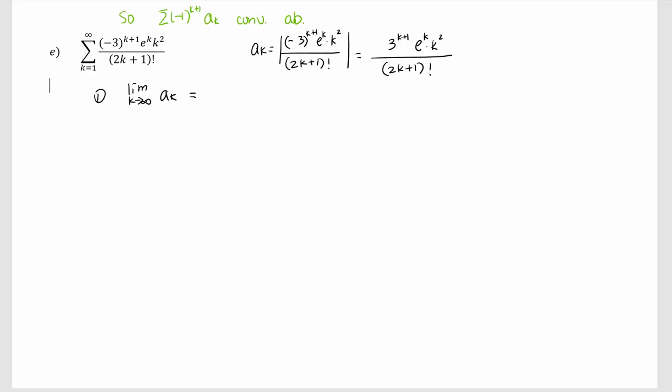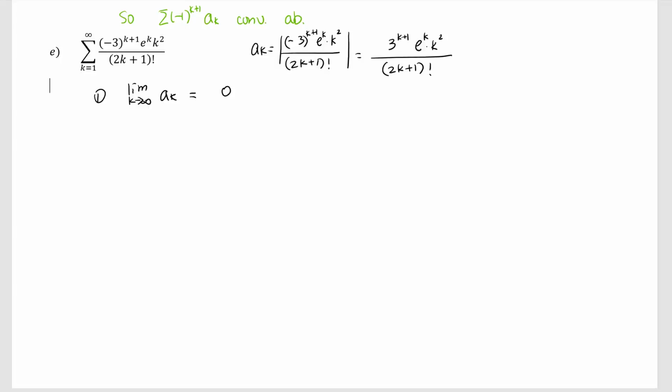And you can see in the numerator we have an exponential function and a power function, but in the denominator we have a factorial. The factorial grows faster than exponential functions and polynomials. So that's why the denominator grows faster. The limit of the quotient is 0.